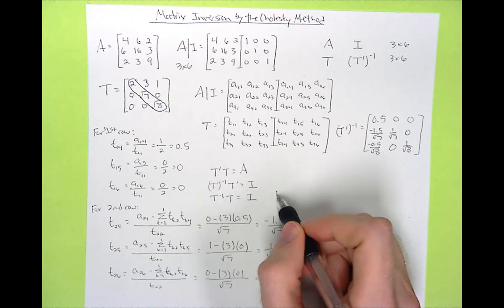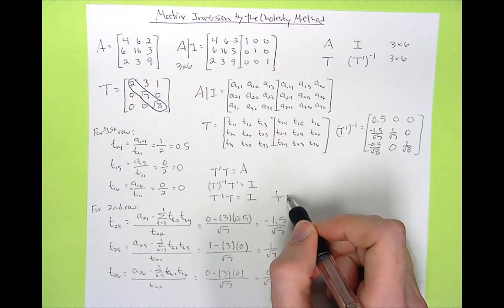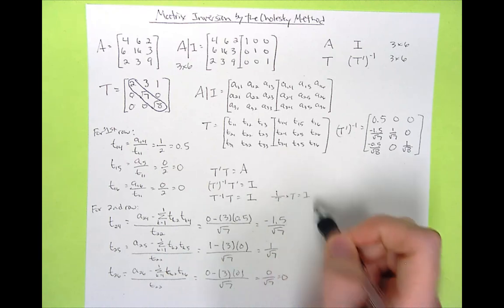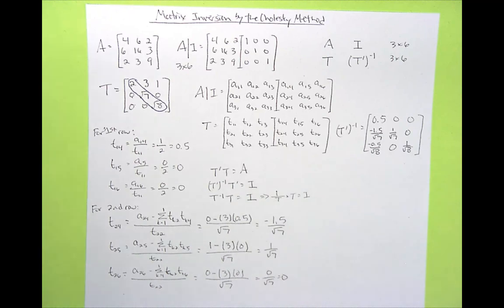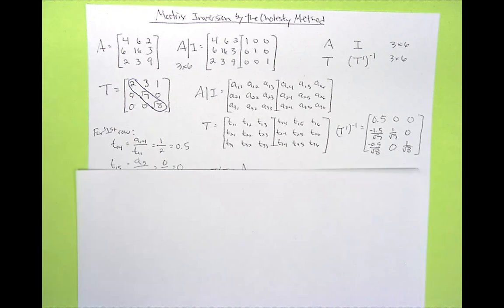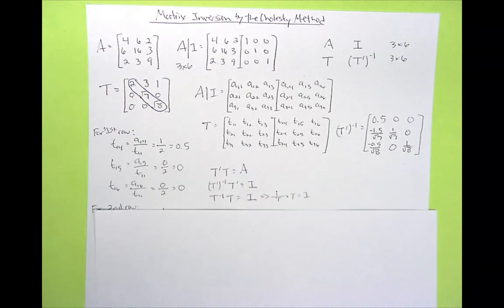This is because 1 over T times T would just equal 1, right? So it would equal the identity matrix. So let's do that one on this sheet of paper.